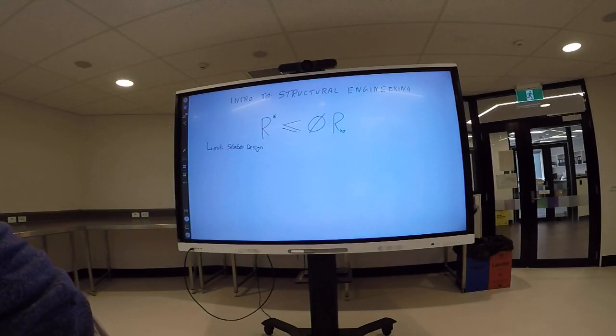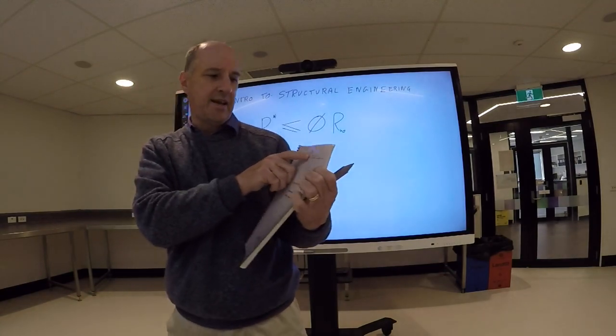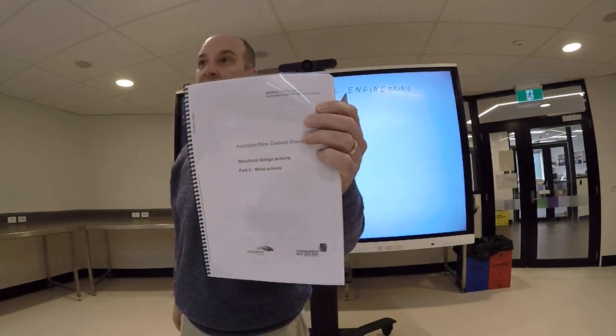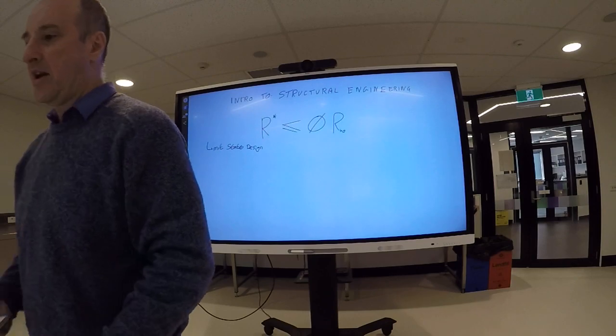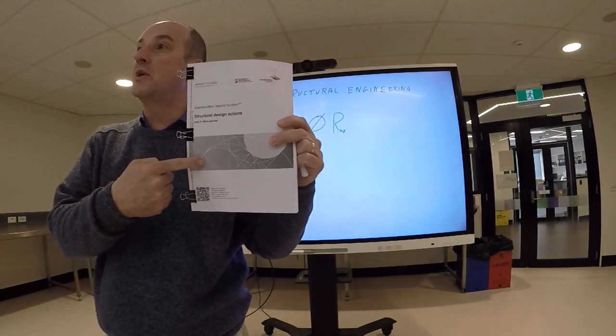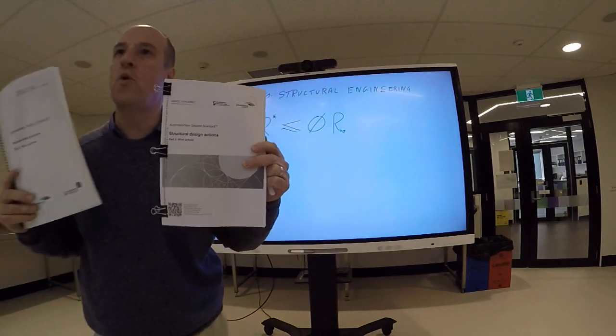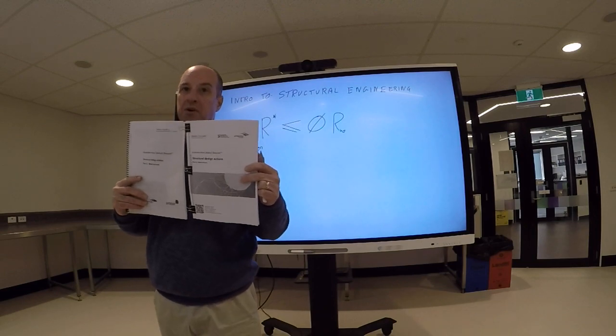Since we're talking about codes, they always come with a date. This is AS NZS 1170.2 2011. That got updated in 2021. So this is the 2021 version of the wind code. And these 2 documents are quite similar, but there's a few different things.